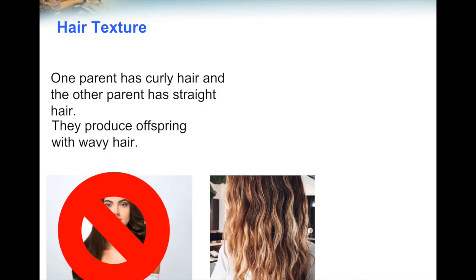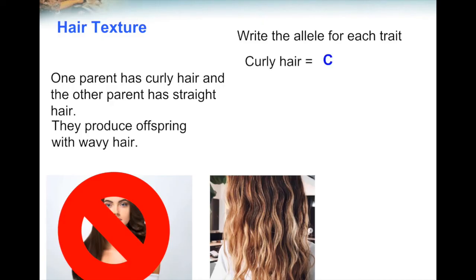So if we were to write down the alleles for each trait, for curly hair we would write C for curly, and we're going to make it capitalized, right? Because curly is not dominant. And then for straight hair, we're going to write the allele as a capital S, because remember, we need a different letter, and also we make it a capital letter because neither one is dominant over the other.